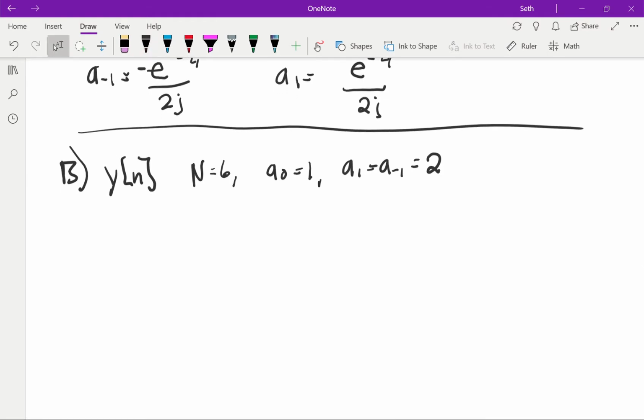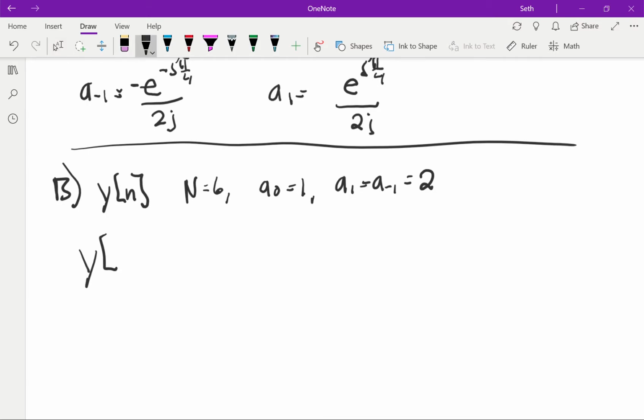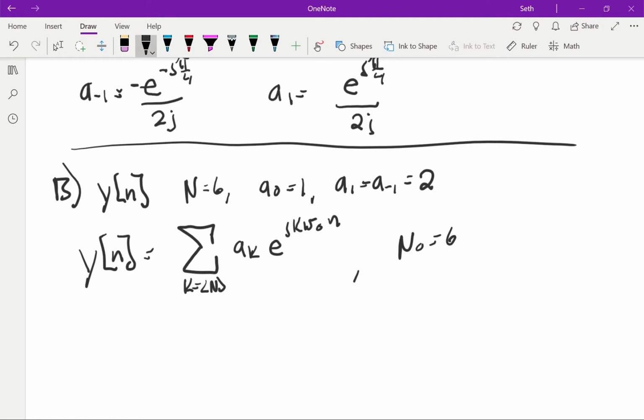Okay, so we know that the Fourier series for y of n is equal to the sum of a k e to the j k omega naught n, and the fundamental period is 6, so the angular frequency is 2 pi divided by 6.